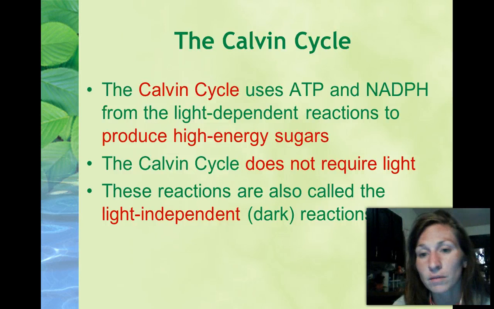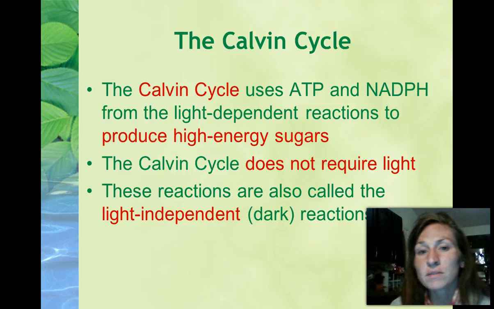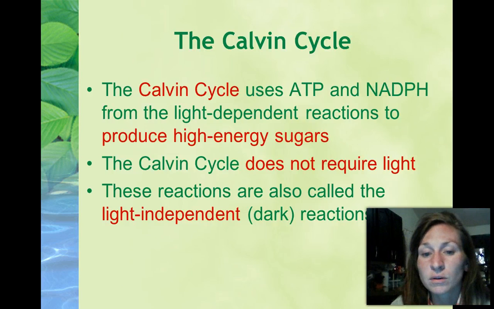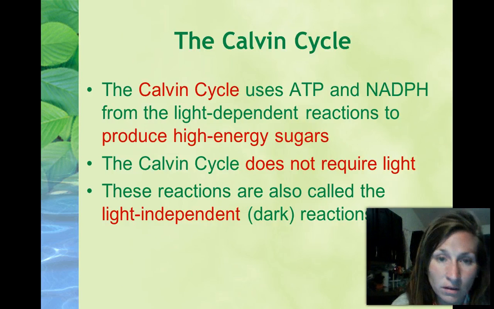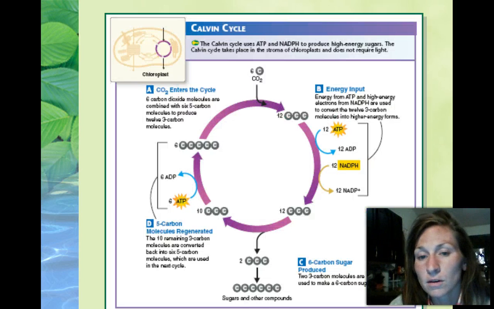So let's talk about the Calvin cycle now, which again is the light-independent reaction. It uses the ATP and NADPH from the light-dependent reaction to make the other product of photosynthesis, which is high-energy sugars. So the Calvin cycle does not require light to occur. That is why it's called light-independent and sometimes the dark reactions. Here is a close-up of the Calvin cycle.